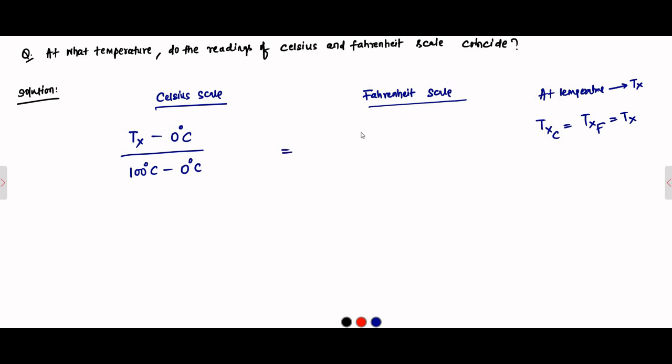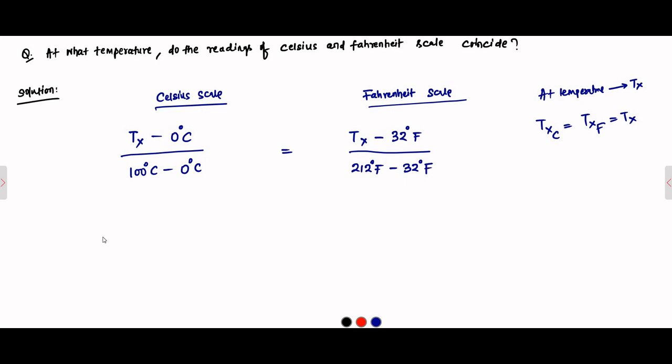That is equal to the reading in Fahrenheit scale, which is also Tx, minus the lower fixed point in Fahrenheit scale, that is equal to 32 degree Fahrenheit, by the upper fixed point, 212 degree Fahrenheit, minus the lower fixed point, again 32 degree Fahrenheit.